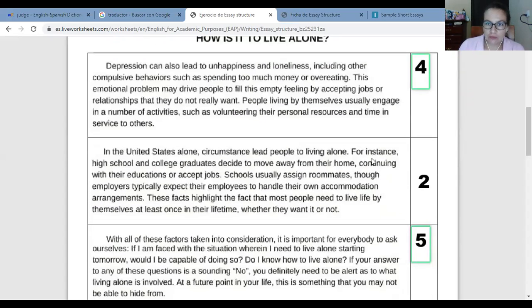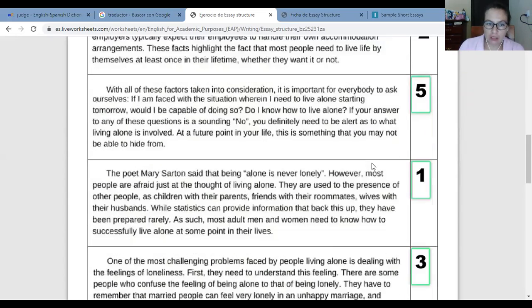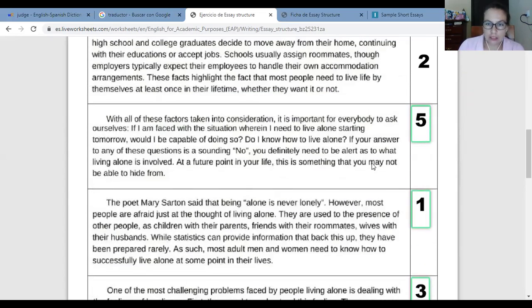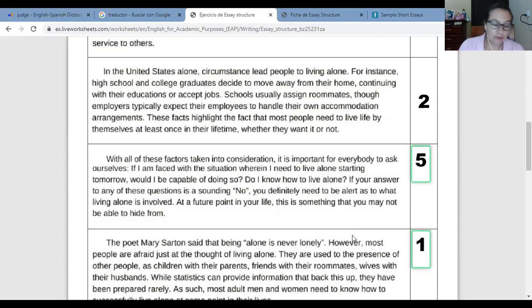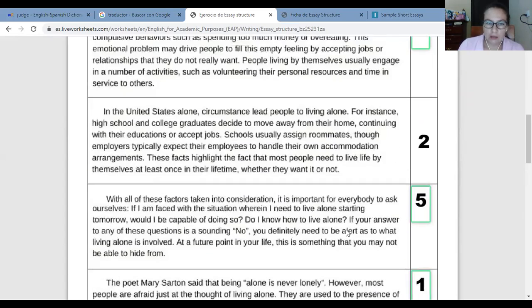Okay, we have here 4, 2, 5, and 1. Okay, in the first paragraph, in the introduction, we have here a hook as sound. And this is a statement we have here. Most adult men and women need to know how to successfully live alone at some point in their life. Okay, very good.